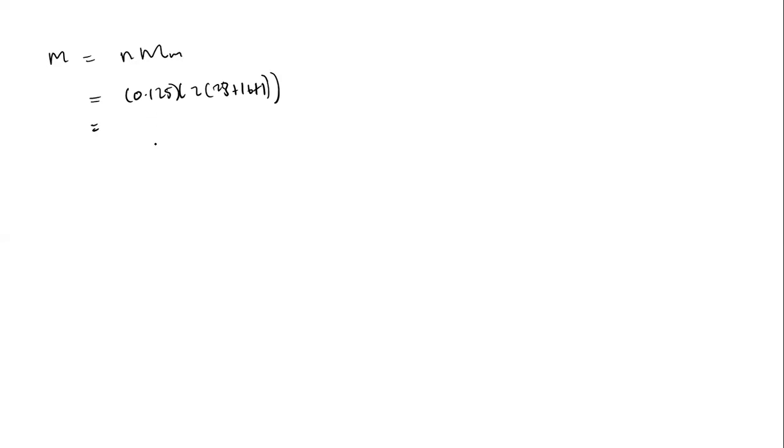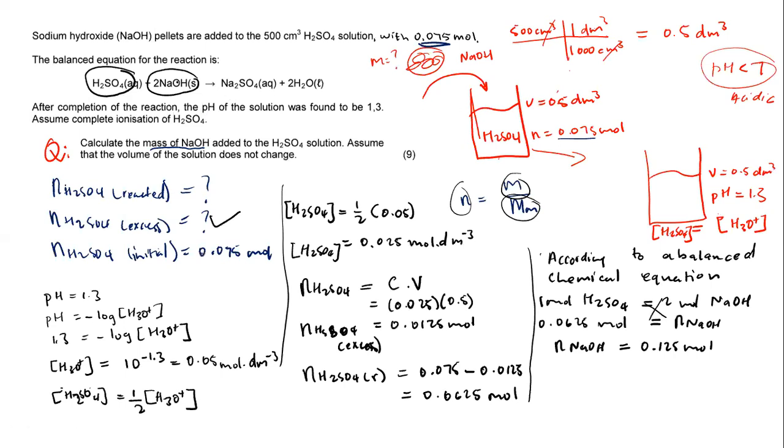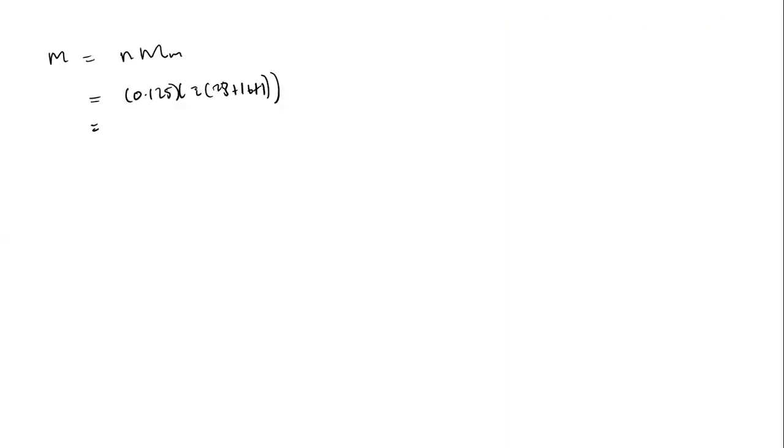Oh sorry, I was supposed to include this: do not forget, we do not include the stoichiometric coefficient when we want to determine the molar mass. So let me do this on my calculator. 0.125 multiplied by the sum of 23, 16, and 1.